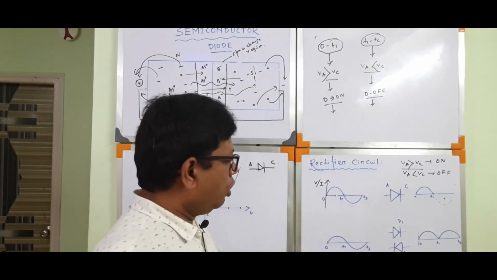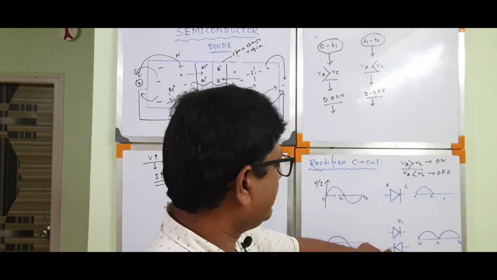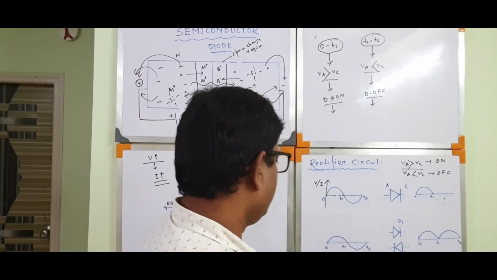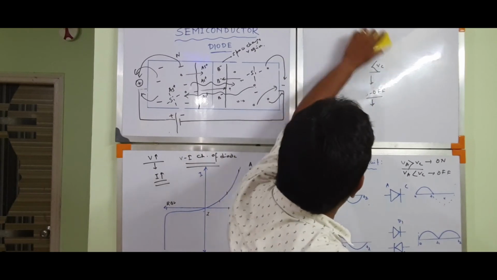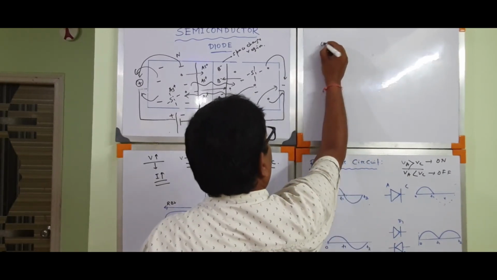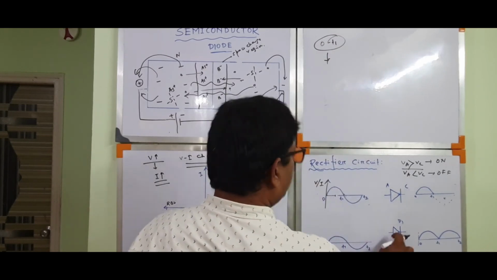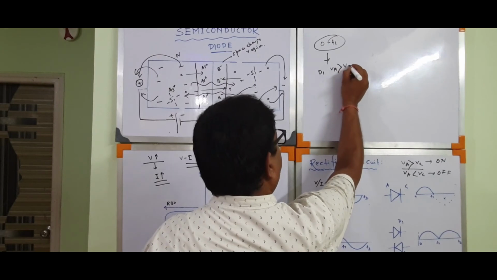If we connect two diodes in opposite connection, that means this is anode cathode and this is cathode anode. So in the first half, 0 to T1, for diode 1, the anode voltage is greater than the cathode voltage.